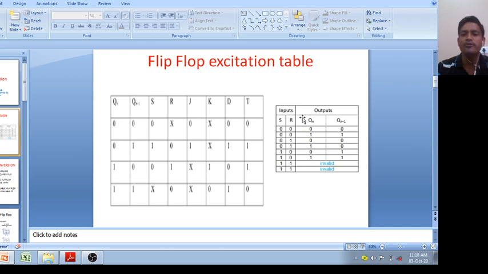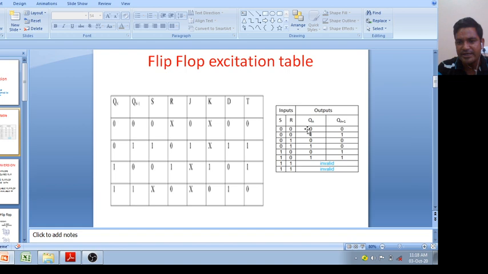First of all, we will determine it for the SR flip-flop. For Qn and Qn plus 1, there are 4 possible values: 0 0, 0 1, 1 0 and 1 1. Now when the value of Qn and Qn plus 1 is 0 0, what will be the value of SR? From here you can write down.